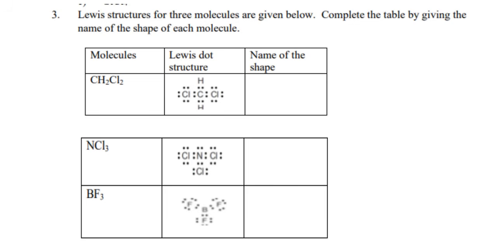First we have to count the regions of electron density. Carbon is in the center, and it makes 4 bonds: 2 with chlorine and 2 with hydrogen. Those are the electron density areas. So what would be the electron geometry?